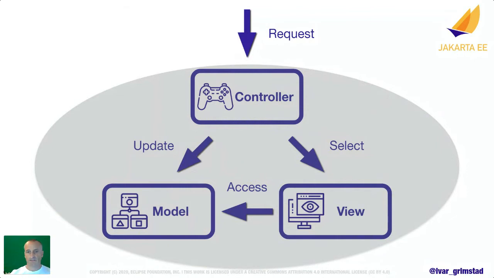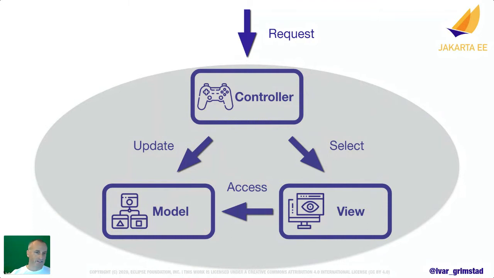And there are different kinds of MVC implementations or ways of interpreting this pattern. One of them is the controller-based MVC, and you're probably familiar with JSF. In controller-based MVC, the controller is supplied to you by the framework.